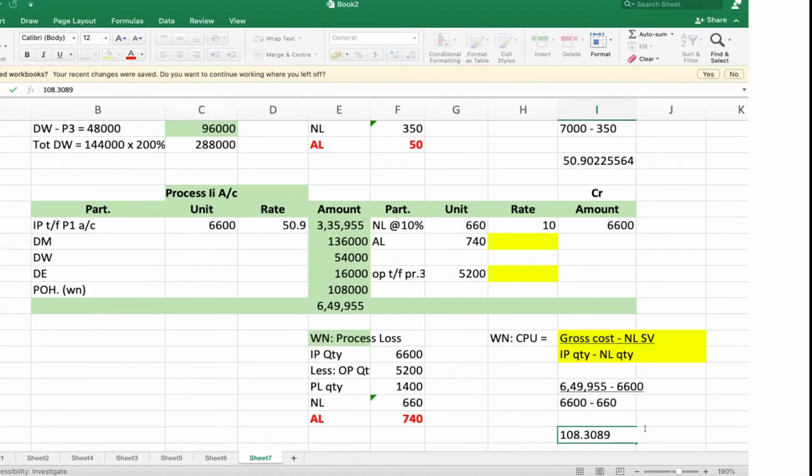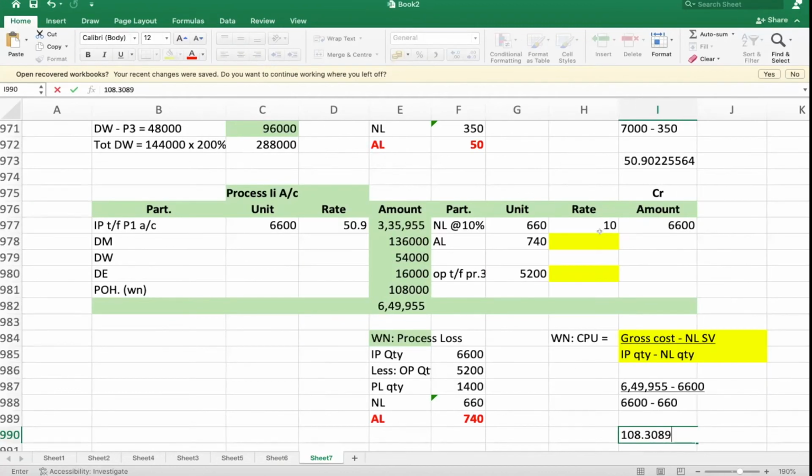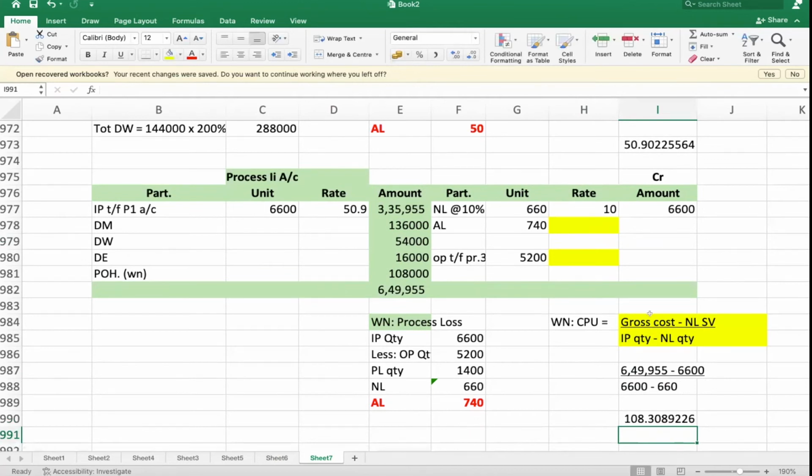108.3089, then 22558. For multiplication purposes, we have to take the full value. In the process account, you can take only 2 digits: 108.31. Here also 108.31.